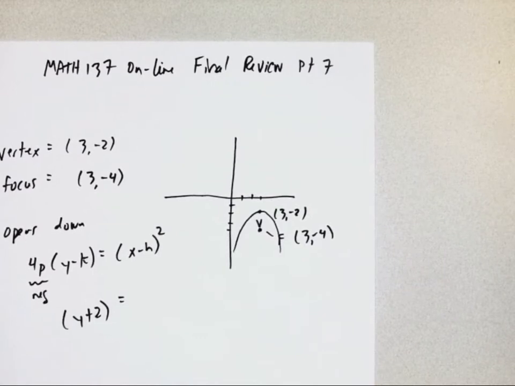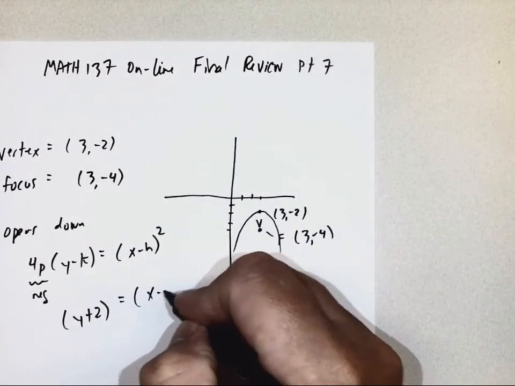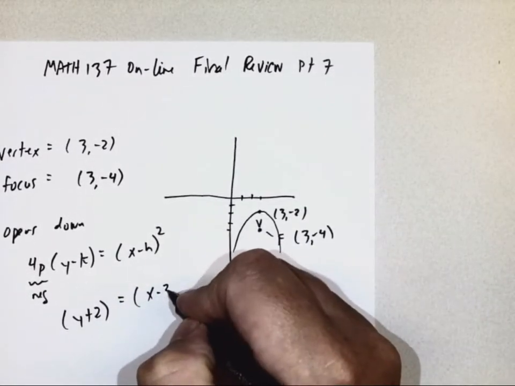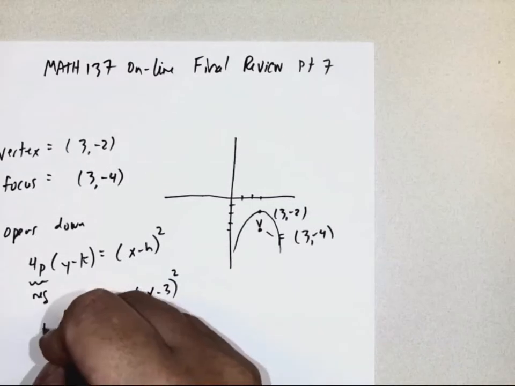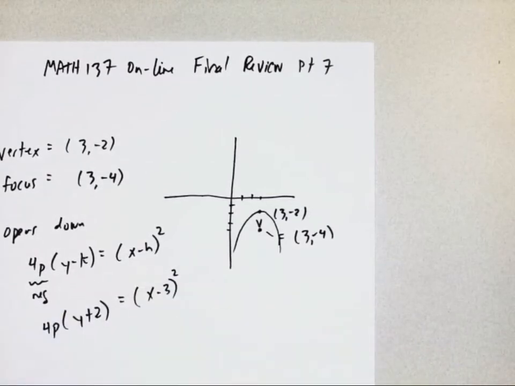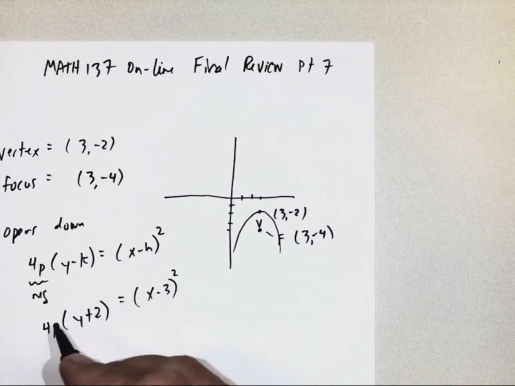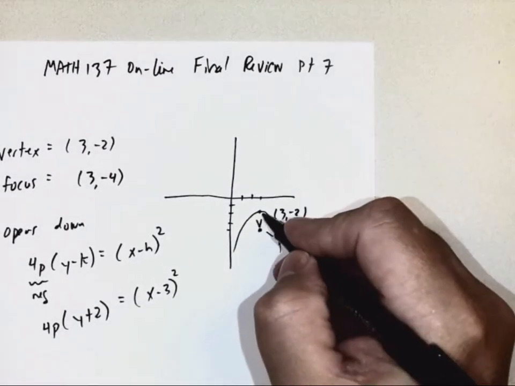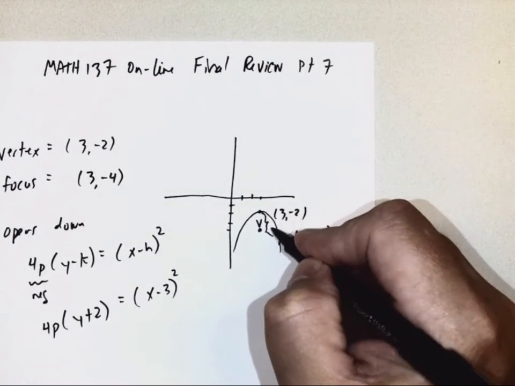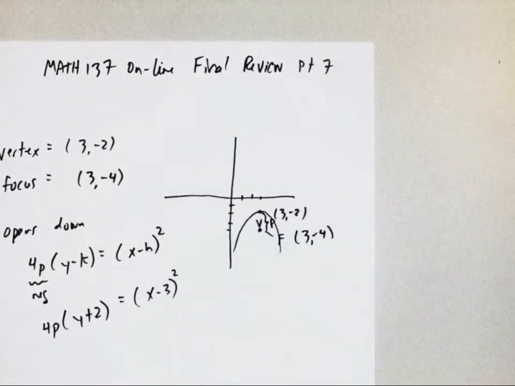You've got to think through this stuff. Yes, y plus 2, and the x is going to be x minus 3 squared. I still have the 4p. Now, the nice thing is this variable p is always the distance between the focus and the vertex.